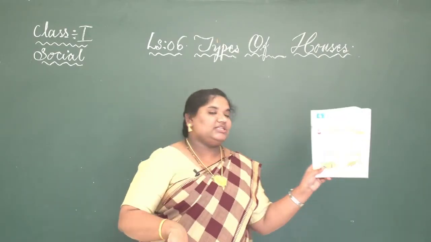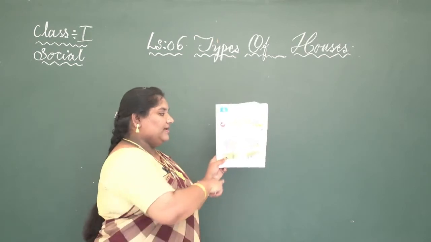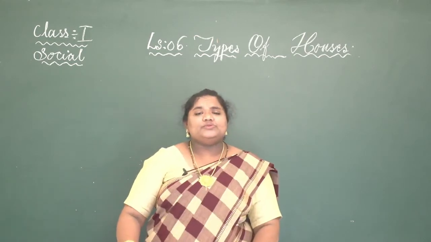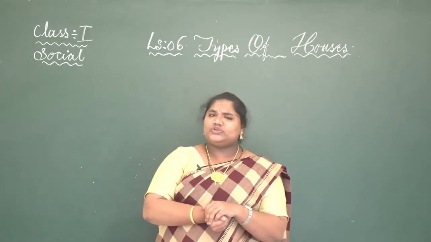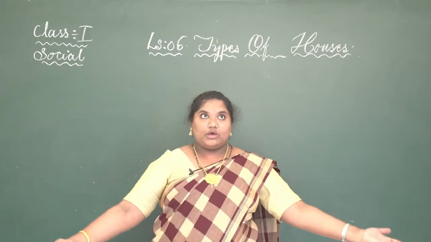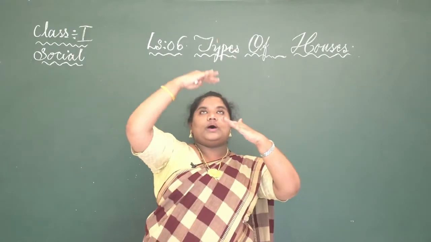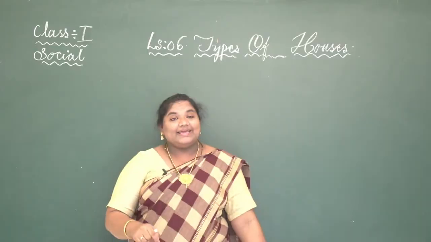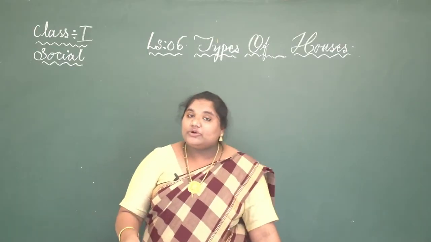Here you can see the pictures of beautiful buildings. When you go to the cities, what do you see there? Most of the houses are very big, built on one another. They are called multi-storied buildings. What are they called? Multi-storied buildings.